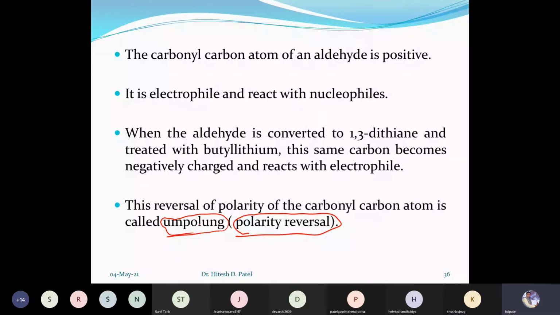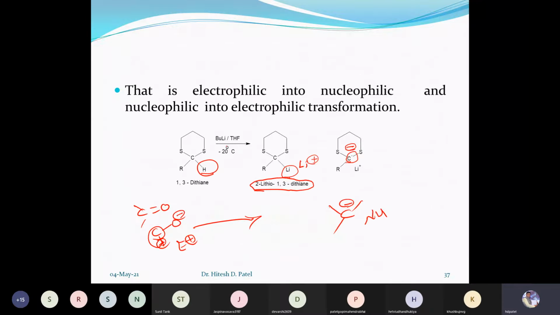We have done this with the support of 1,3-propane dithiol. After treatment with this compound we get 1,3-dithiane, and by treatment with butyl lithium we convert it into 2-lithium-1,3-dithiane, finally giving a carbanion. Now this carbanion further reacts with various chemicals like RX.